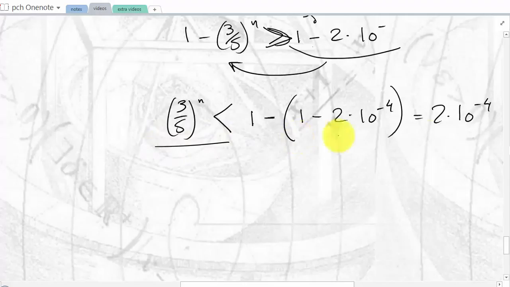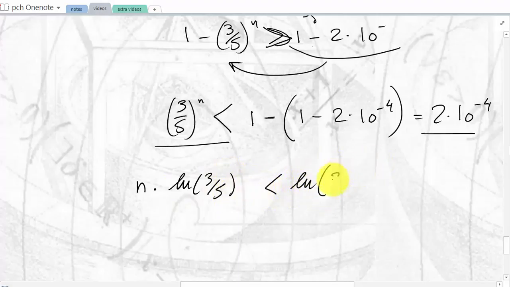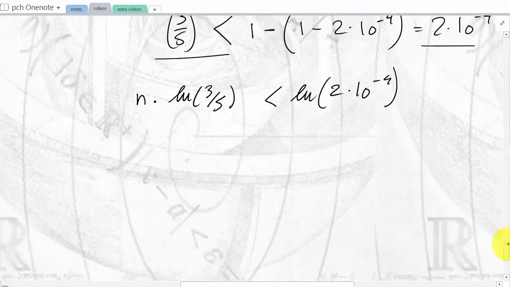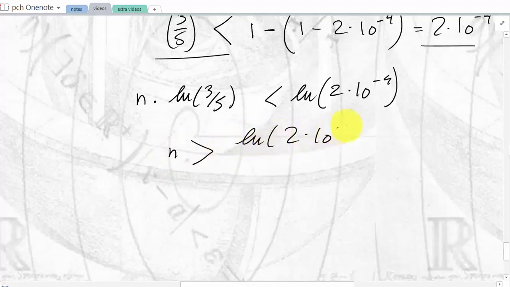And so what do we have? Let's take ln. This is my inequality. n times ln of 3/5 is smaller than ln of 2 times 10 to the negative 4. All right, that's pretty simple now. Be careful not to make a mistake. n is above ln of 2 times 10 to the negative 4 over ln of 3/5.